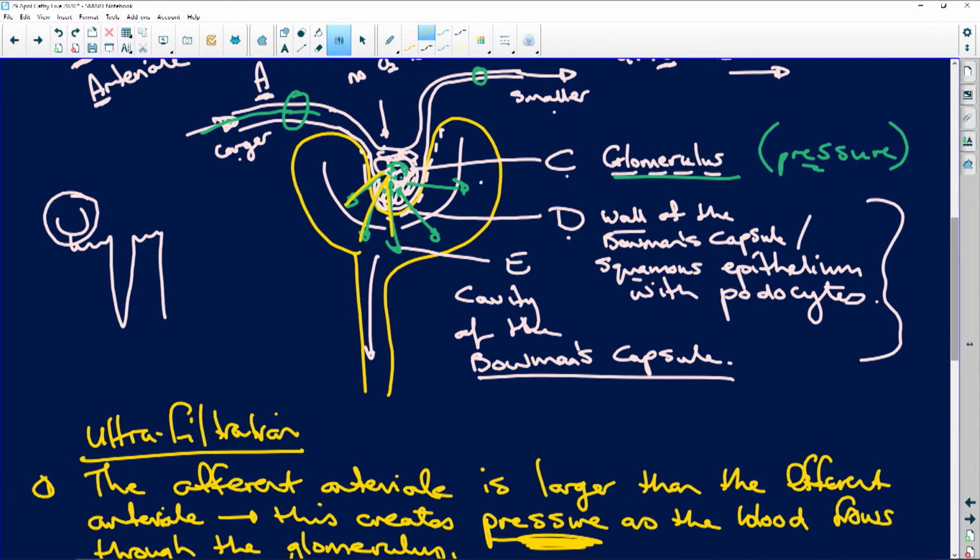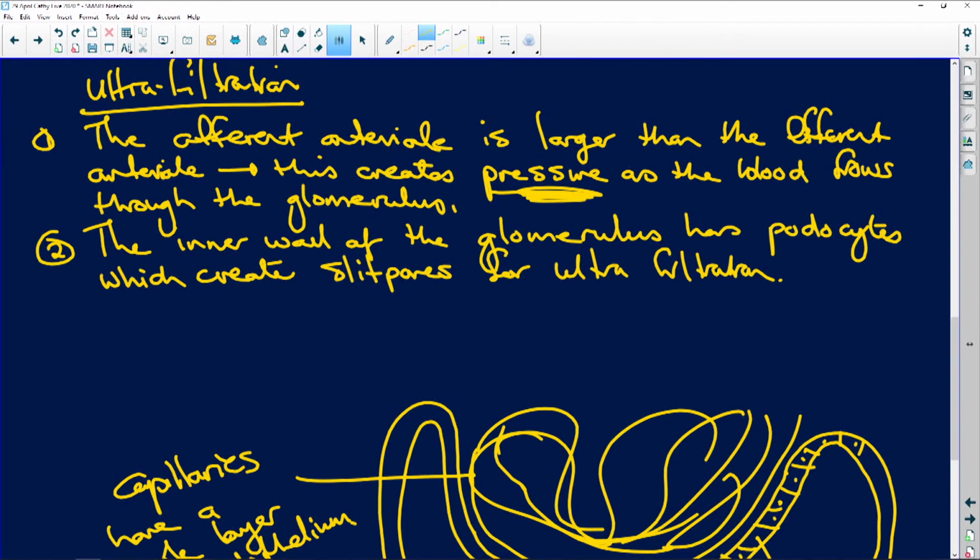And where the podocytes do this, you have your slit pores, which are tiny. And those tiny little slit pores are tiny little gaps for all these substances to move into the Bowman's capsule. Okay, so the inner wall of the glomerulus has podocytes, which create slit pores for ultrafiltration.